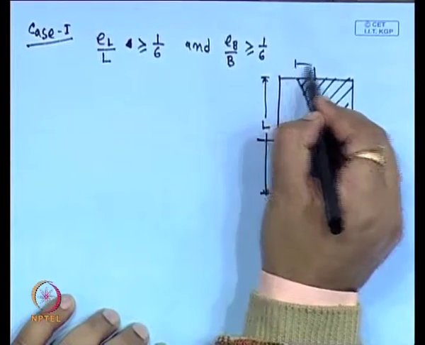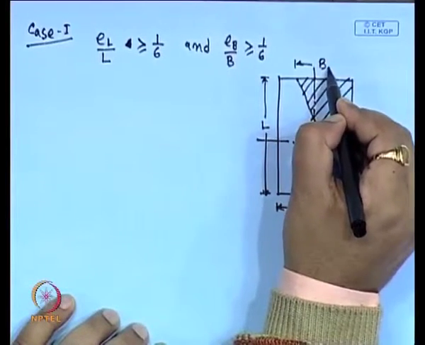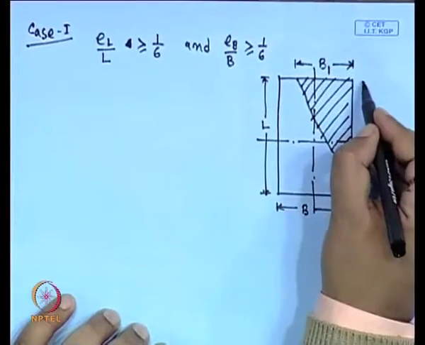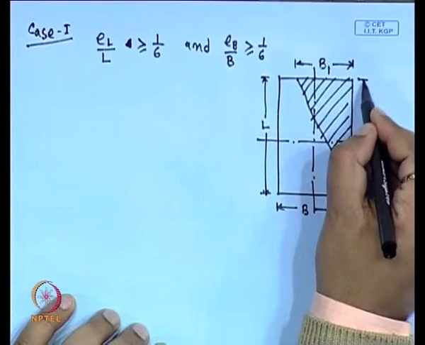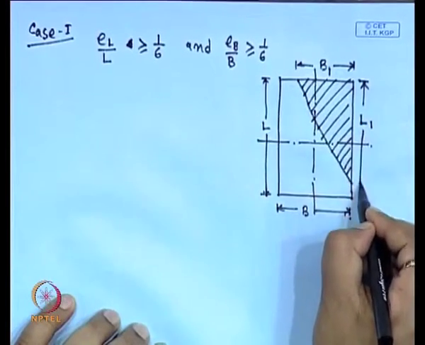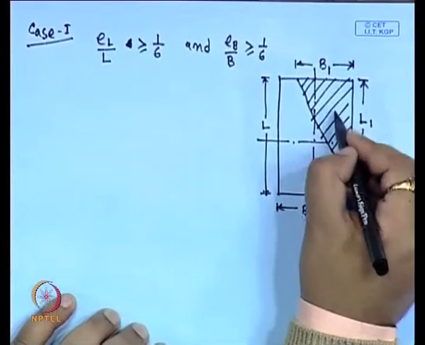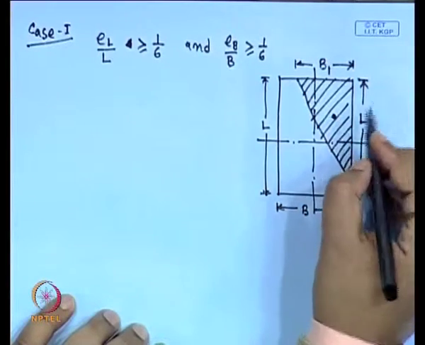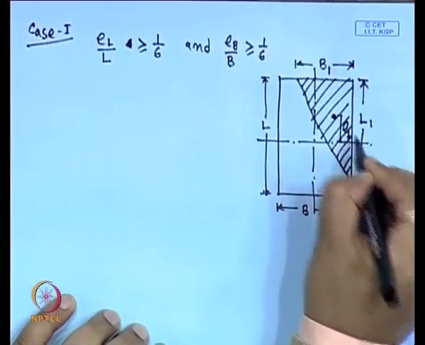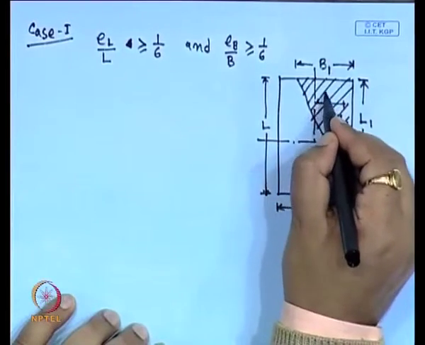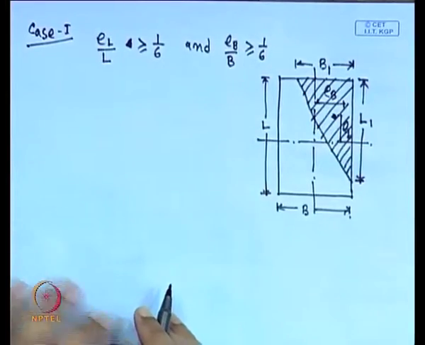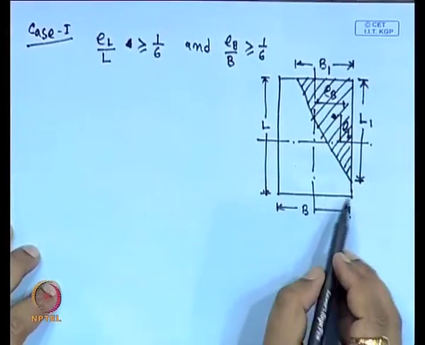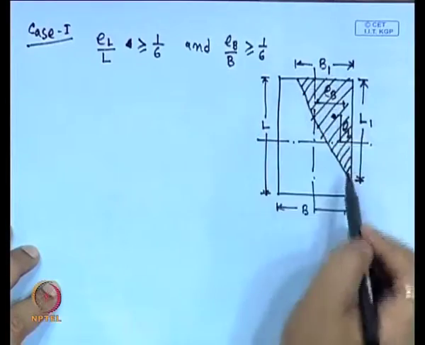So, that means here we will get this is B1, this is B and this is L1. Now, here this is the eccentric point E, this is E L and this is E B. Now, when we calculate the ultimate load, we will determine this effective area.